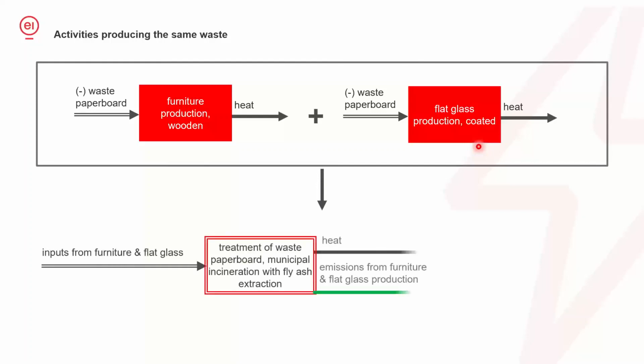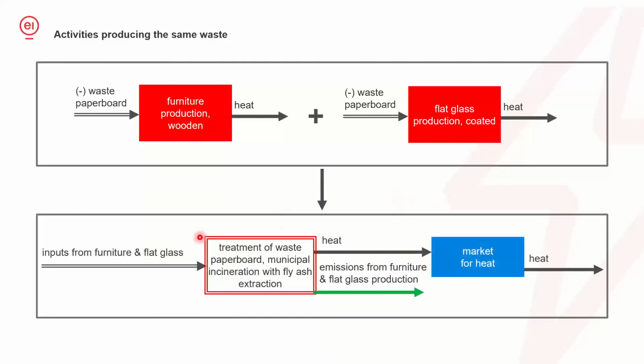So what will happen then is that the treatment activity will get the weighted inputs and outputs from all the activities that produce waste paperboard. Here we have a treatment activity getting the weighted inputs from furniture and flat glass production, and also the emissions. And this activity is producing heat that supplies the market for heat.